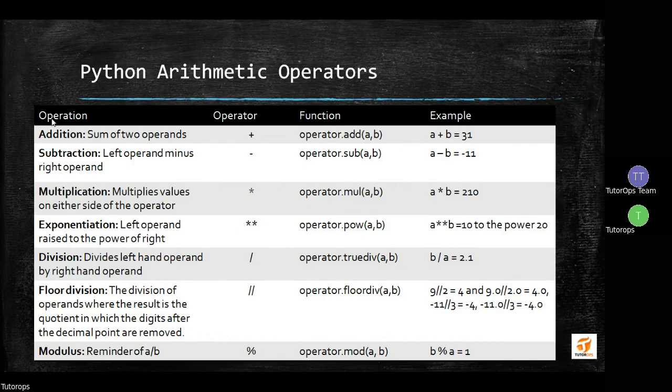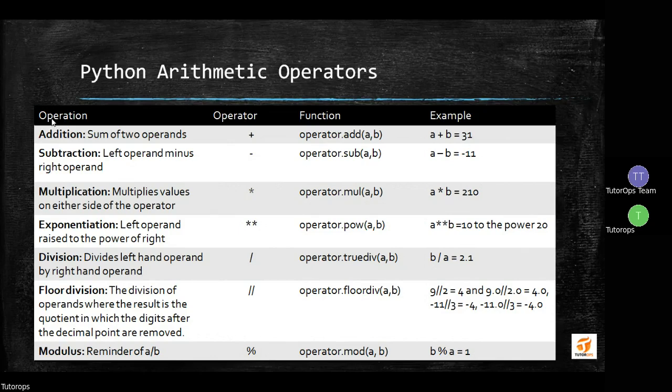You will know at a later point of time what a function is, but note that you can use this as a function to perform arithmetic operations on different operands. Addition, subtraction, multiplication, then exponentiation.